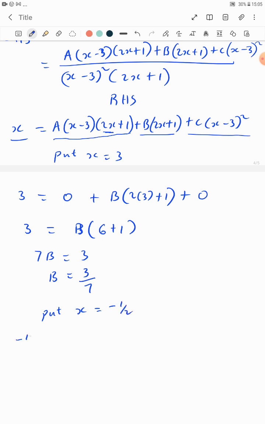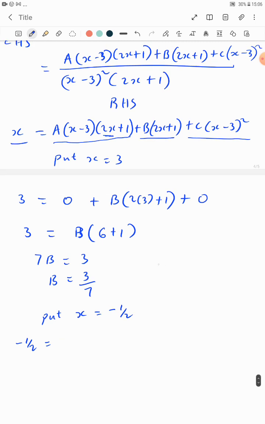So that will be minus 1 over 2 equals, everything about A. You can try it, because if you write 2x plus 1, this will be minus 1 over 2 plus 1, so this one will result to minus 1 plus 1. That will be 0. That's what I'm showing you right there, because I don't want to write the expression in A. I just want to write that everything about this A will become 0.